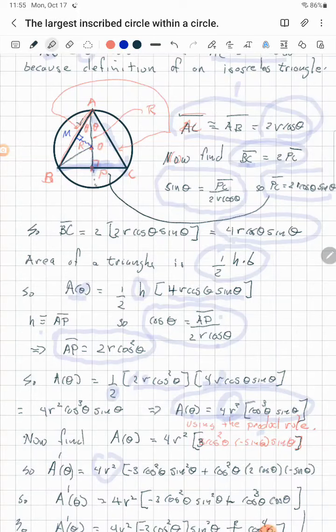Now I have to take the derivative of the cosine, and the derivative of cosine is minus sine. Then I multiply it by this sine, so I get sine squared theta. And then I have cosine squared here, and 2 times cosine minus sine squared theta.